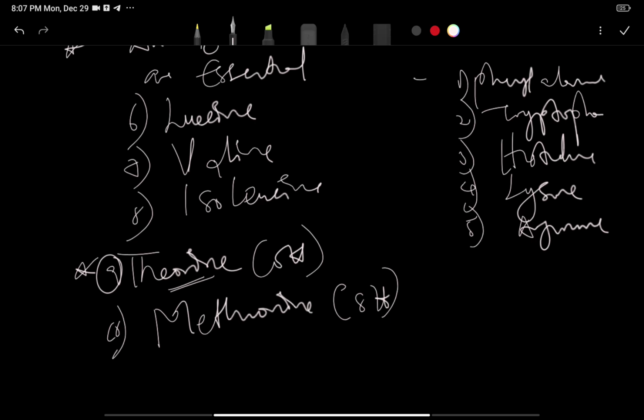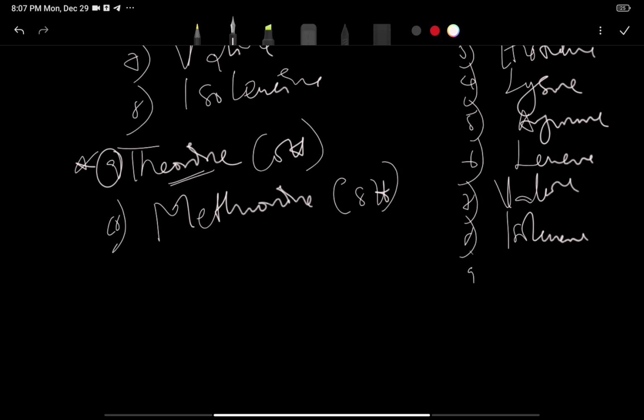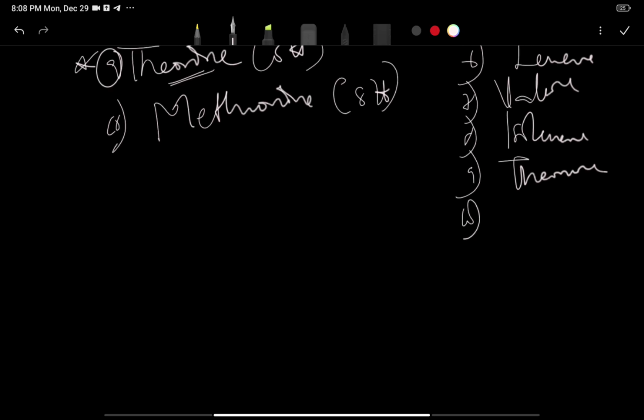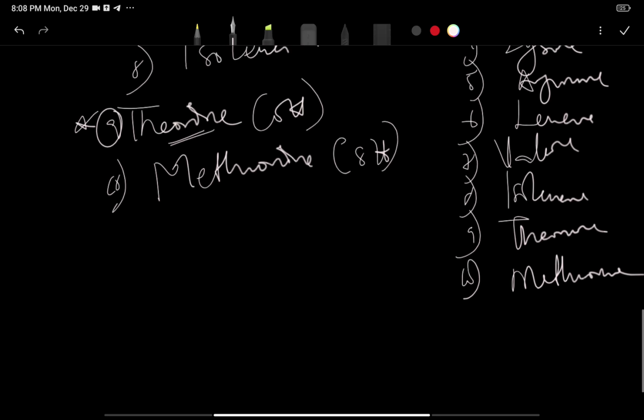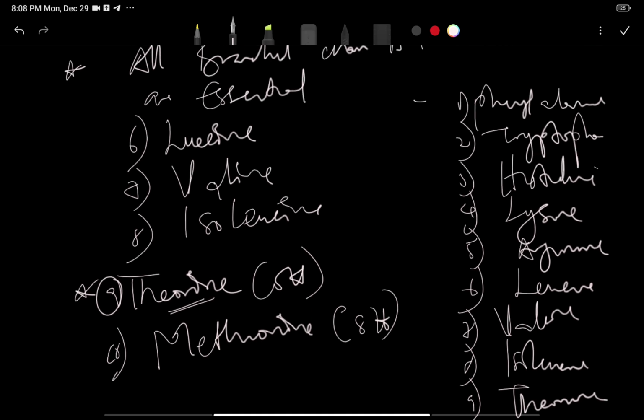Then the 3 branch chain that are essential: leucine, valine, isoleucine. Then for number 9, we have threonine, and we have methionine. So these are the essential ones. Just remember them, you don't need to cram. All aromatic are essential except tyrosine. All basic are essential.